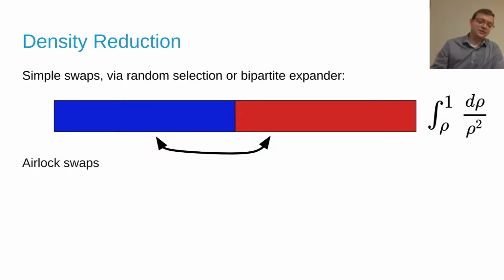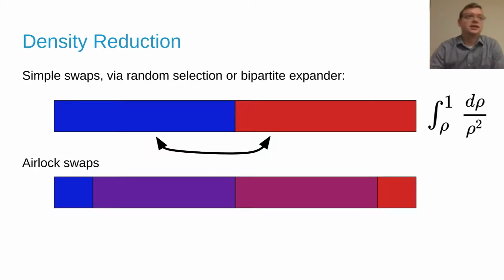And so we introduced the following trick of what I call airlocks. So from left to right, we have blue, bluish purple, reddish purple, and red, where the blue is mostly blue with a very small density of red, and then bluish purple and reddish purple are much closer to 50-50, and then the red is mostly red with some small density of blue.